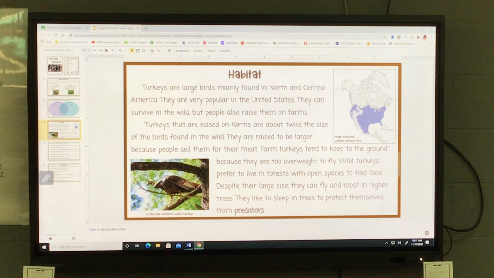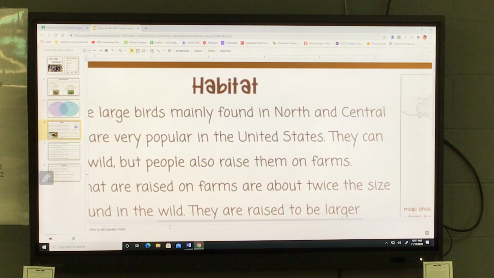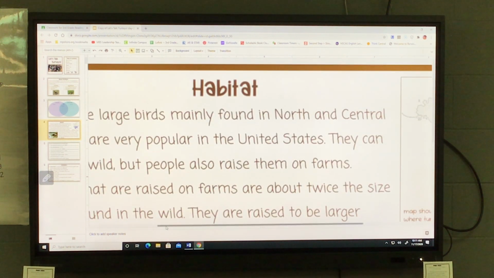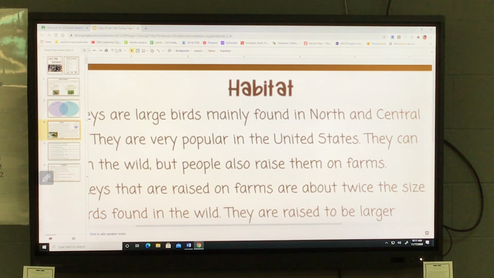Where are they mainly found? These don't have to be complete sentences. No, they don't give you enough space to make them complete sentences. Yeah, because I just said caption too fat. Ah, that's too big. I can't find a happy medium for this, friends.